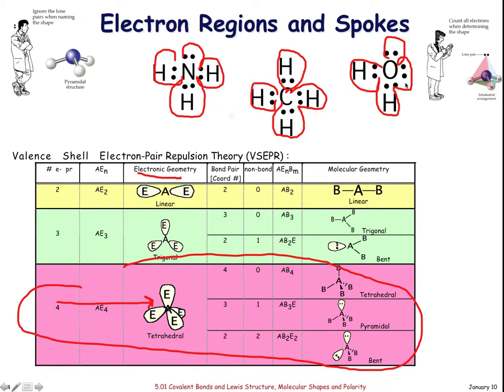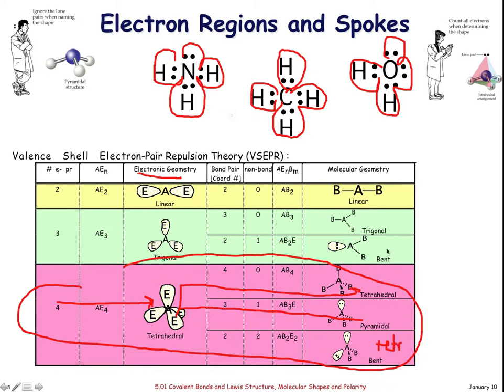All of these have tetrahedral electronic geometry, but they have differences in molecular geometry, whereas methane is tetrahedral because it's got 4 bonded atoms, 0 lone pairs. Ammonia is pyramidal. It's called pyramidal because it's got 3 bonded atoms and 1 lone pair right here. And then water is bent. We call this bent tetrahedral. Don't just say bent because there are 2 bent shapes here. This would be a bent tetrahedral.